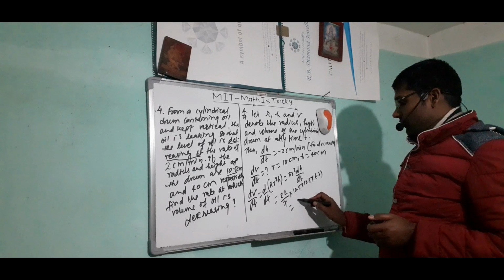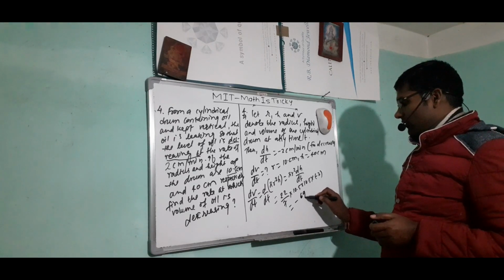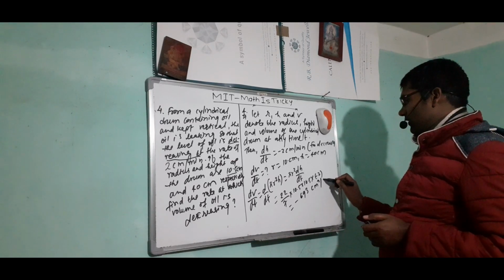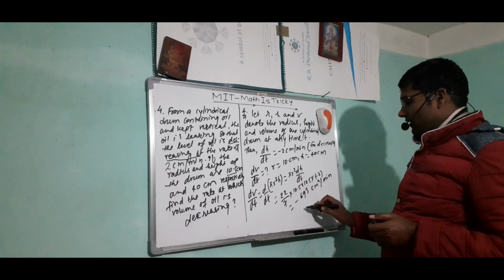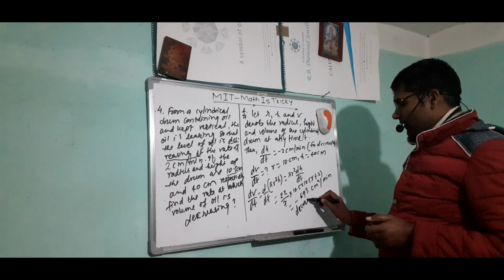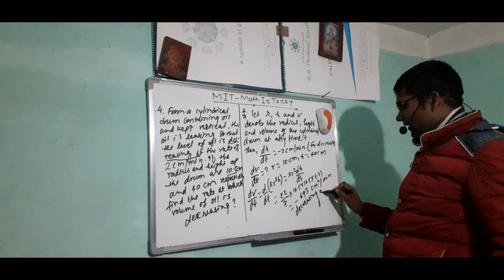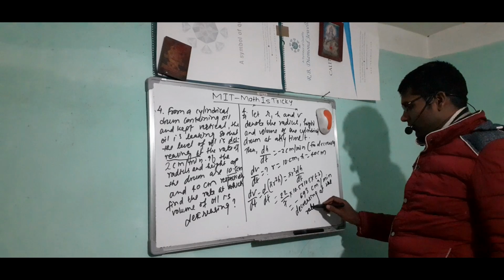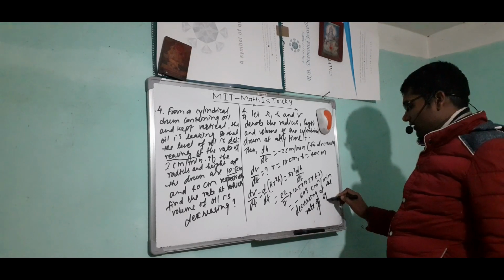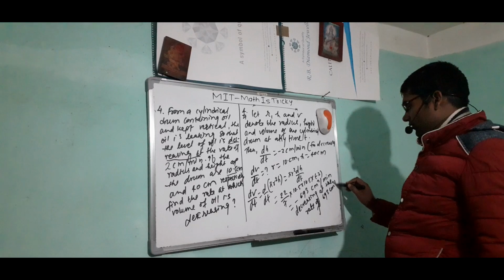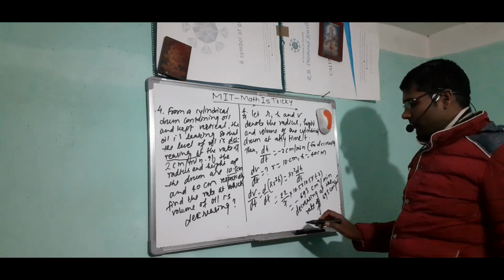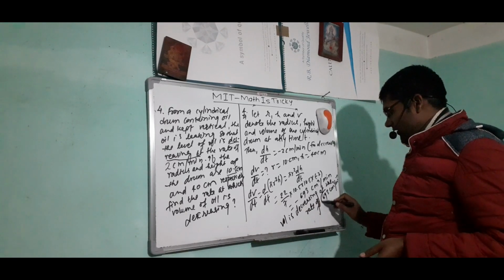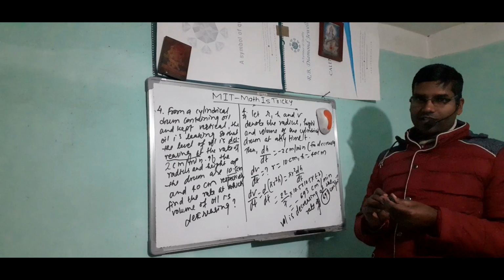If we simplify, we'll get minus 693 cm cube per minute. That means volume is decreasing at the rate of 693 cm cube per minute. Just simplify and you'll get the answer.